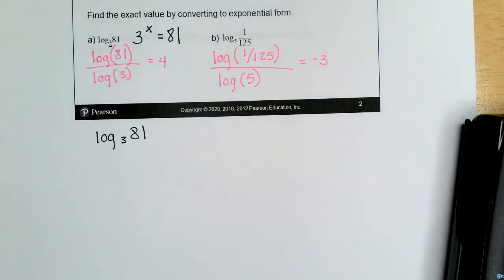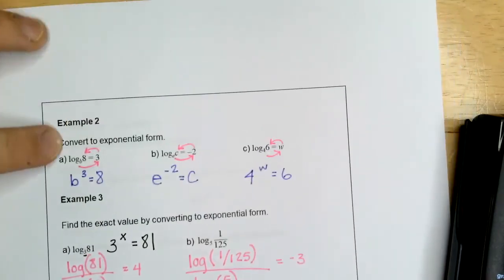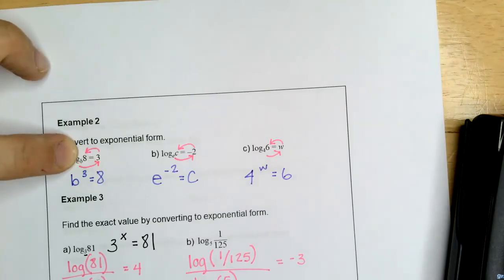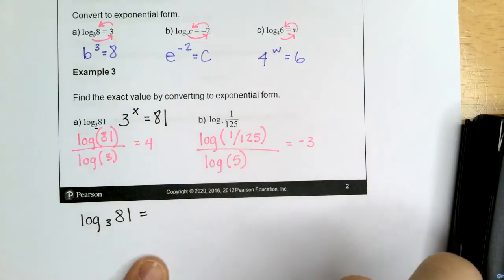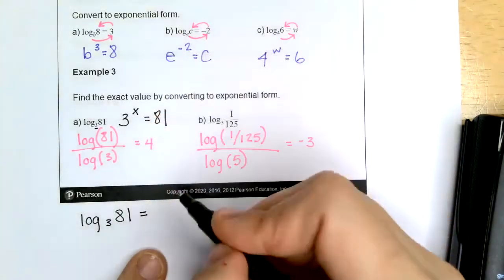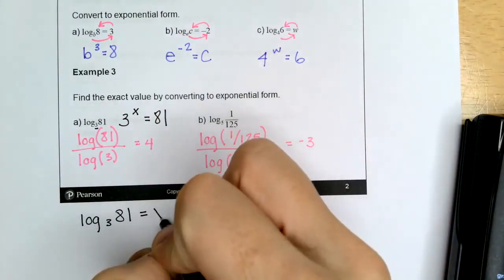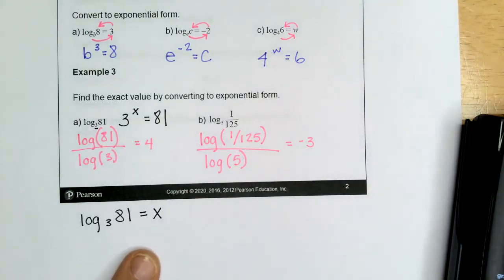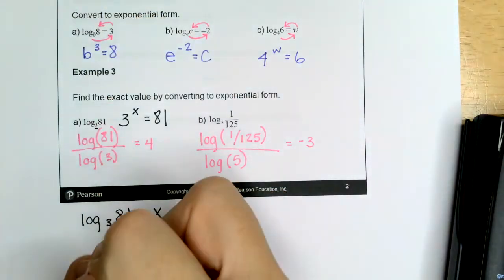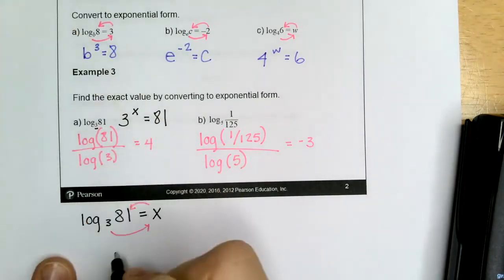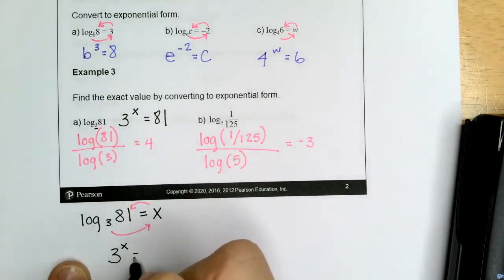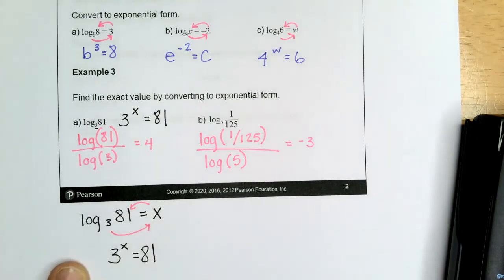And it says convert to exponential form. We went in a circle, so we need the equal sign, and then we need something after the equal sign. Here we have a 3. Here we don't know what it is, so I'm just going to put x, right? And I'm going to do that same circle. 3 to the x equals 81. So 3 to the power of x equals 81.